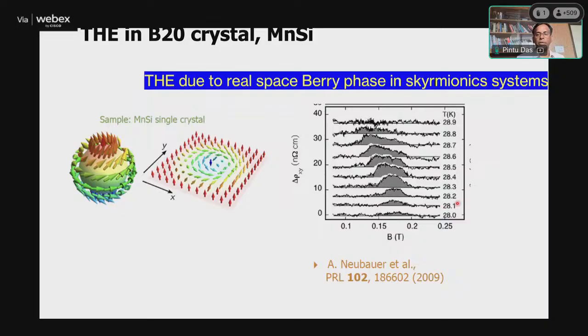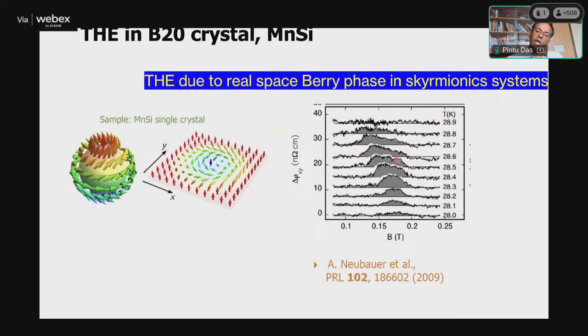Within 1 degree Kelvin the skyrmions are stabilized and then it goes away. This group has very carefully measured every 100 millikelvin, and they see a very nice feature developing in the Hall effect as a function of temperature.